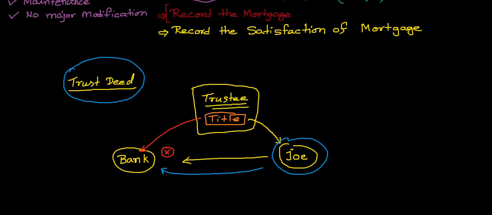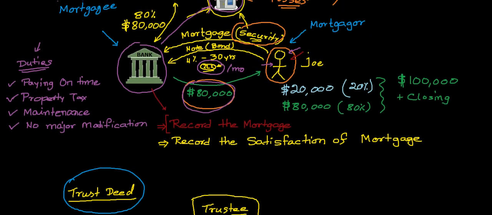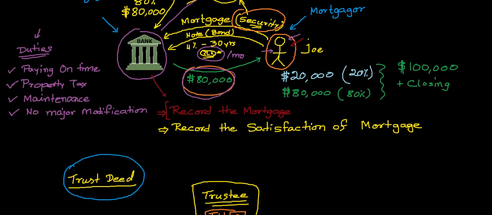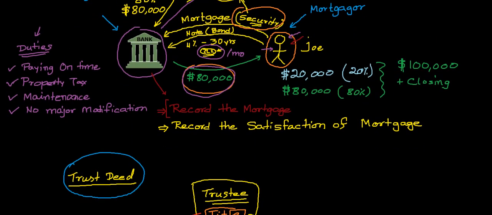Hey, one more thing. Just before ending this one, I actually forgot to mention, in the duties, that one of the duties of the borrower is to make sure they are paying for insurance.